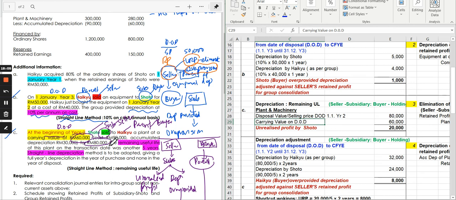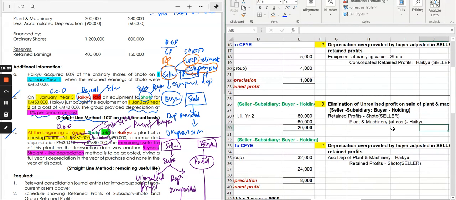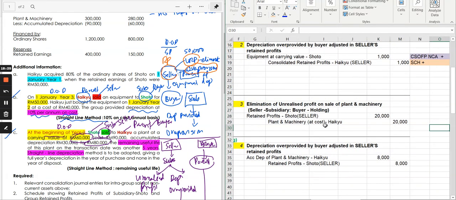So here the 80,000 was as at 1st of January year 2, and this 60,000 was also on 1st of January year 2. So you have 80 and 60. That gives you the profit charged by the seller's subsidiary, which is 20,000.